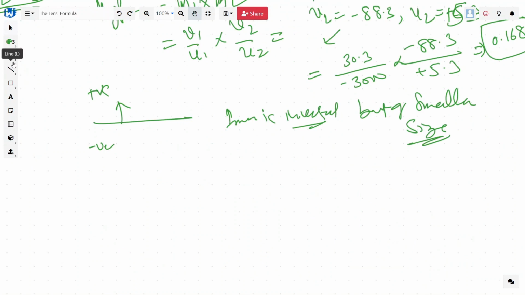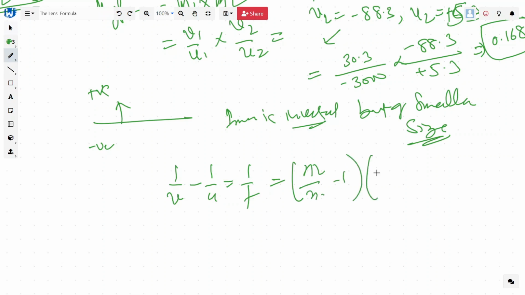As I said, it is very simple. If you know the lens formula, 1 by v minus 1 by u is equal to 1 by f, and then we can use the same with n2 by n1 minus 1 is equal to 1 by r1 minus 1 by r2.